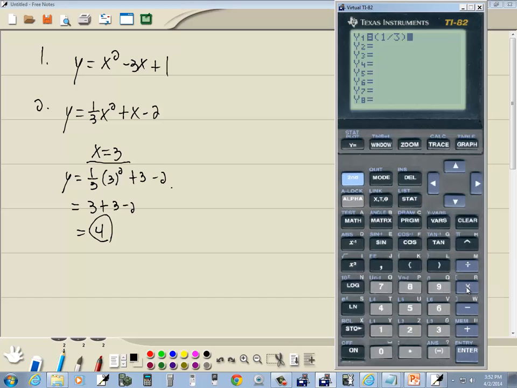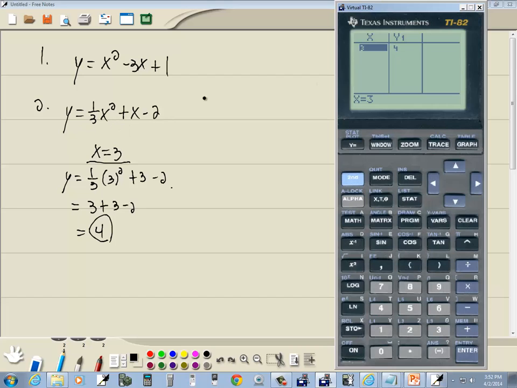Now I could do a times here if I wanted to, or just put in x, then x squared, plus x, minus 2. Okay, now if I go to my table, second graph, look what we get. We get 4.